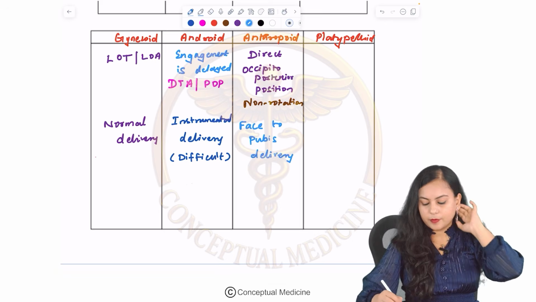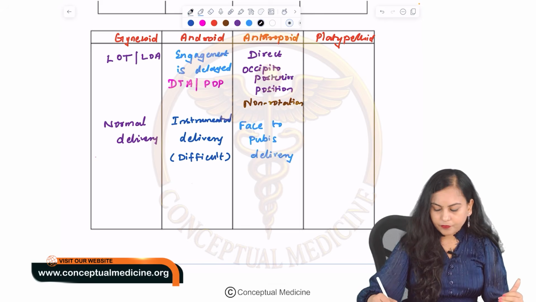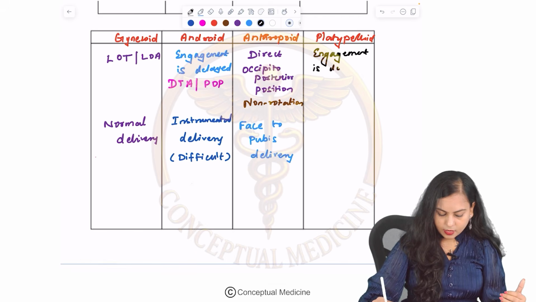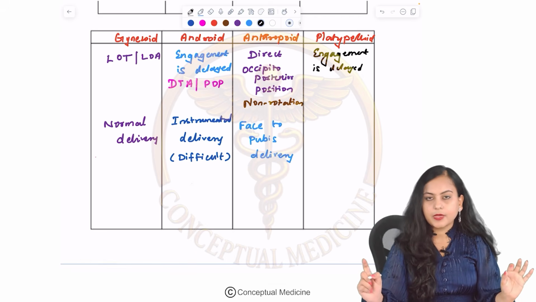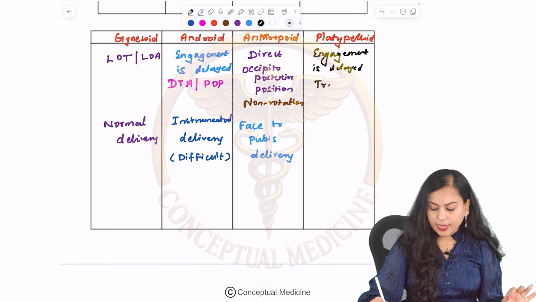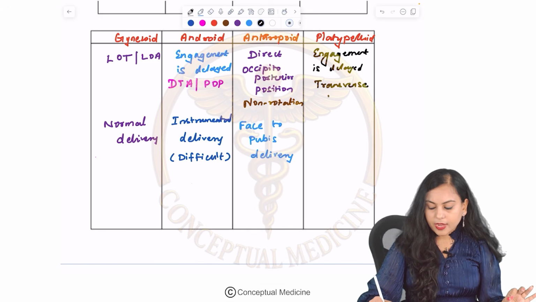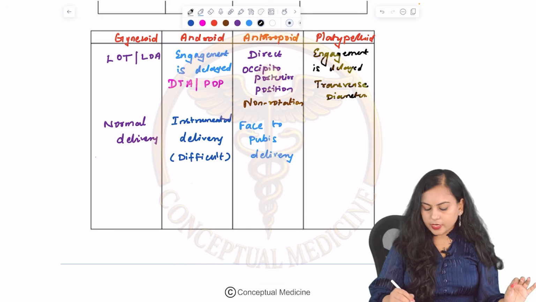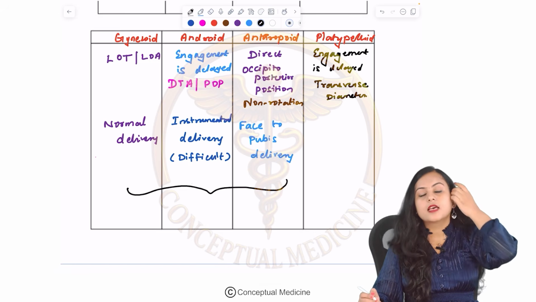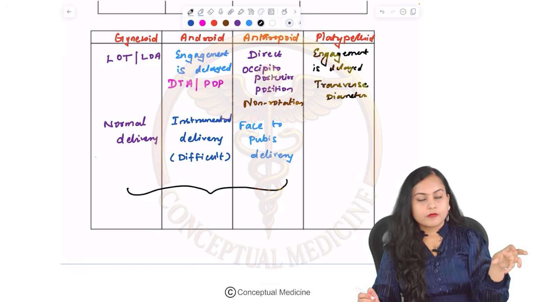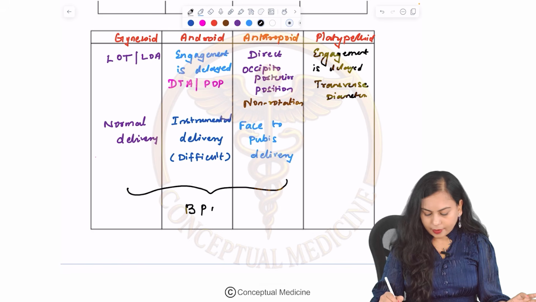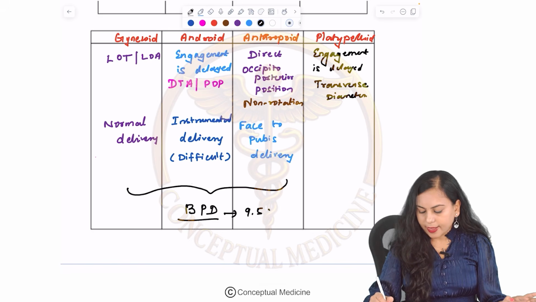Coming to platypelloid pelvis, here also the engagement is delayed, and the head will be engaging in the transverse diameter, because we know this is a transversely oval pelvis, right. And what you have to remember is, in all the other 3 types of pelvis, the fetal skull diameter which is going to engage is your biparietal diameter, which is 9.5 centimeter.